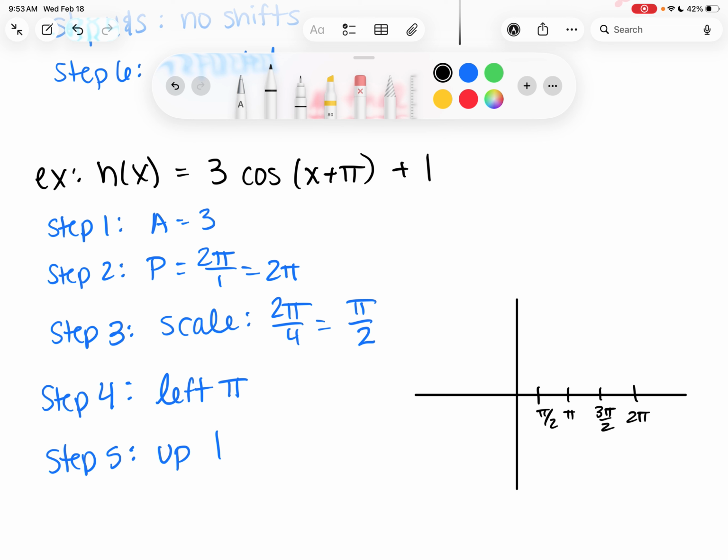I'm going left pi, so that means I need to go over here to negative pi. Now, I see that it's going up 1. My amplitude is 3, so on the y-axis on top, I need to at least put one more marking. I just liked it even, so I added one to the bottom also.